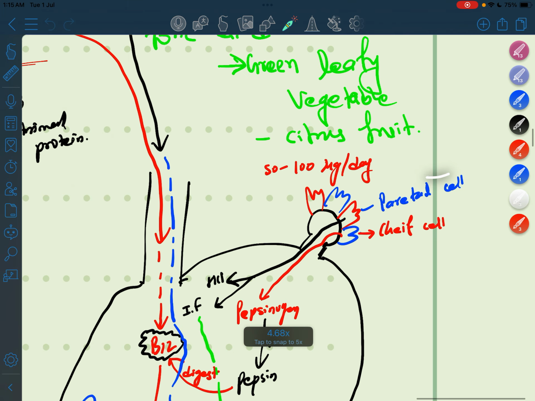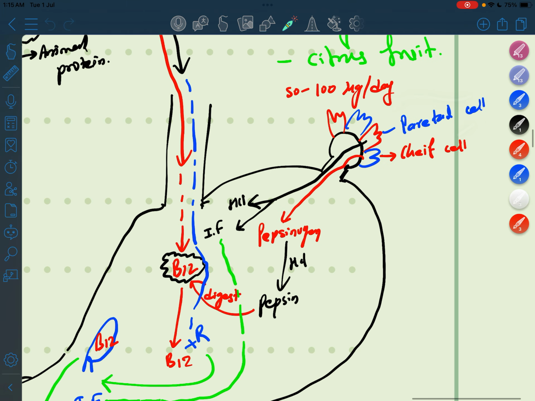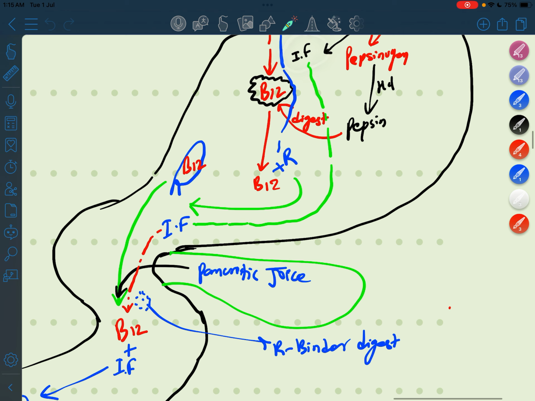There are parietal cells and chief cells. Parietal cells secrete the intrinsic factor, and chief cells secrete pepsinogen. Parietal cells also produce HCl, and in the presence of HCl, pepsinogen is converted into pepsin, which degrades the protein bound to vitamin B12. This vitamin B12 then binds with the intrinsic factor, and the R binder is lost.